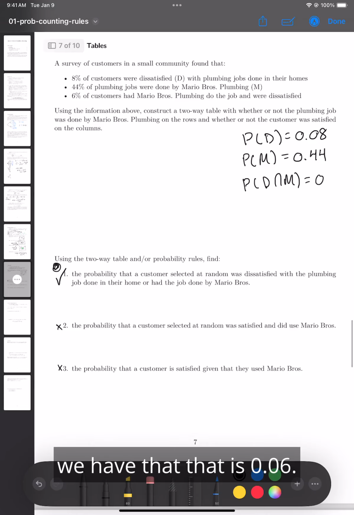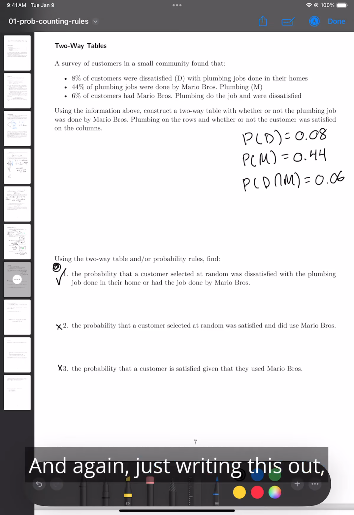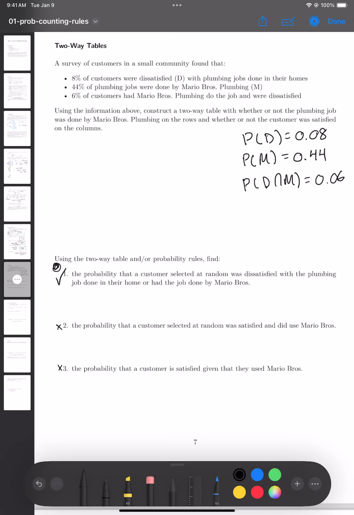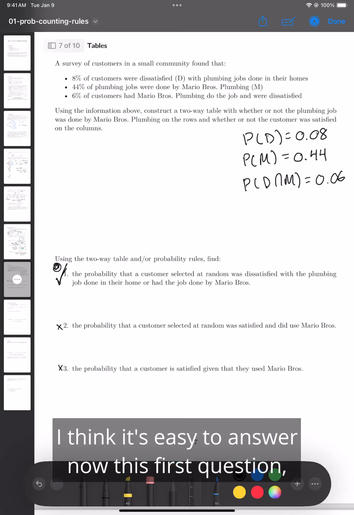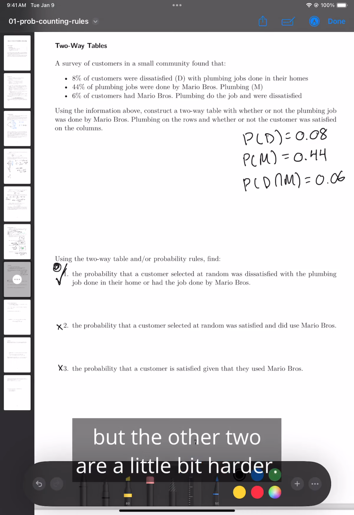Plumbing is 0.06. So that's what we've got. And again, just writing this out, I think it's easy to answer now this first question. But the other two are a little bit harder.